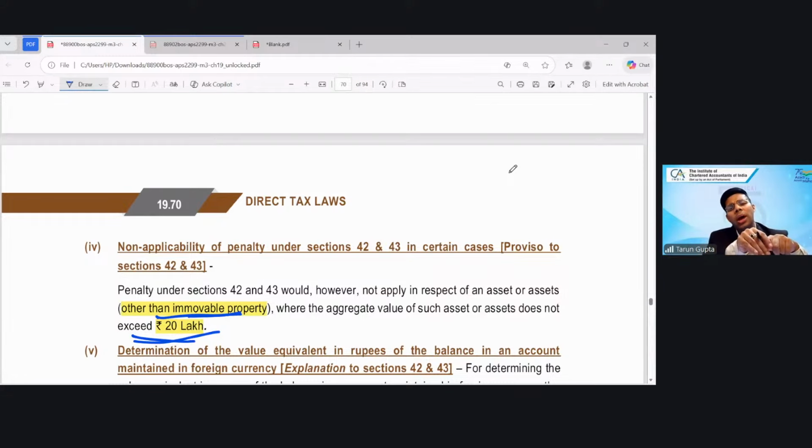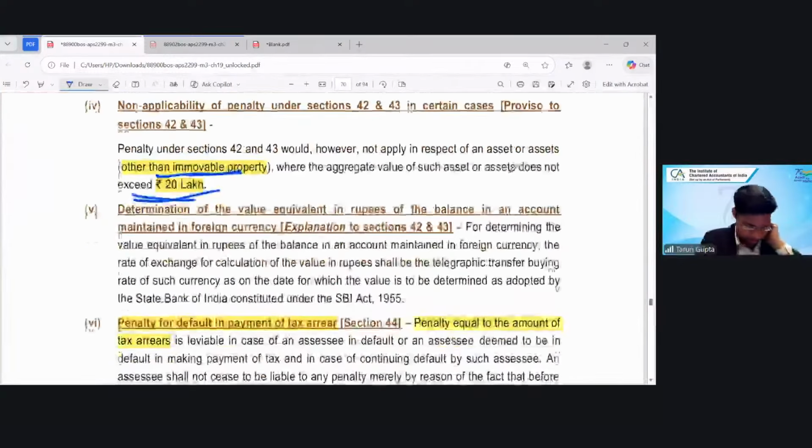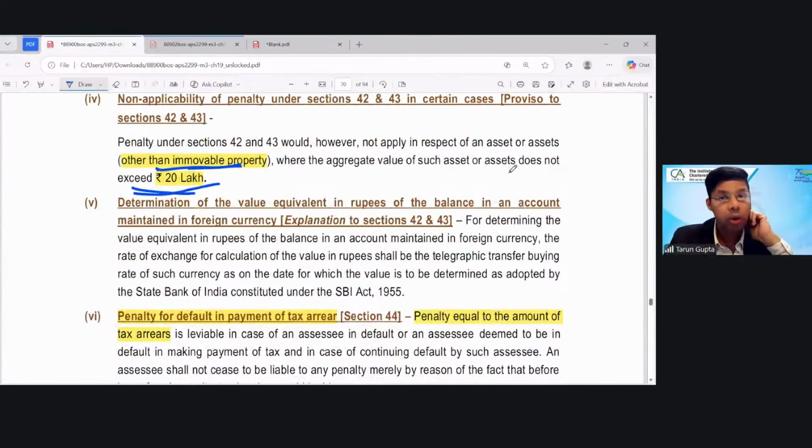But if you have any other asset other than the immovable property, assuming you have shares of Facebook, Netflix, etc., and the value is less than 20 lakh, then there is no penalty. No penalty in section 42-43 means no penalty for non-reporting. But the tax on undisclosed foreign asset shall be levied. 3 times penalty shall be levied.